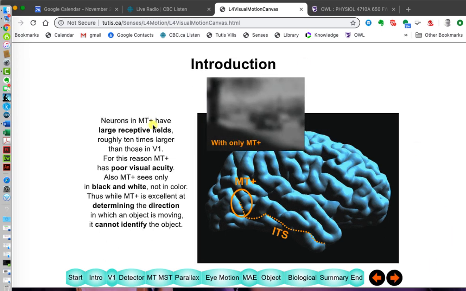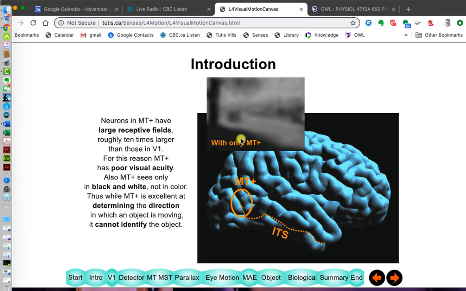Now, area MT plus has very large receptive fields. So we'll see another structure like FFA that sends information to another structure that starts seeing both sides. But itself is contralateral like LOC.